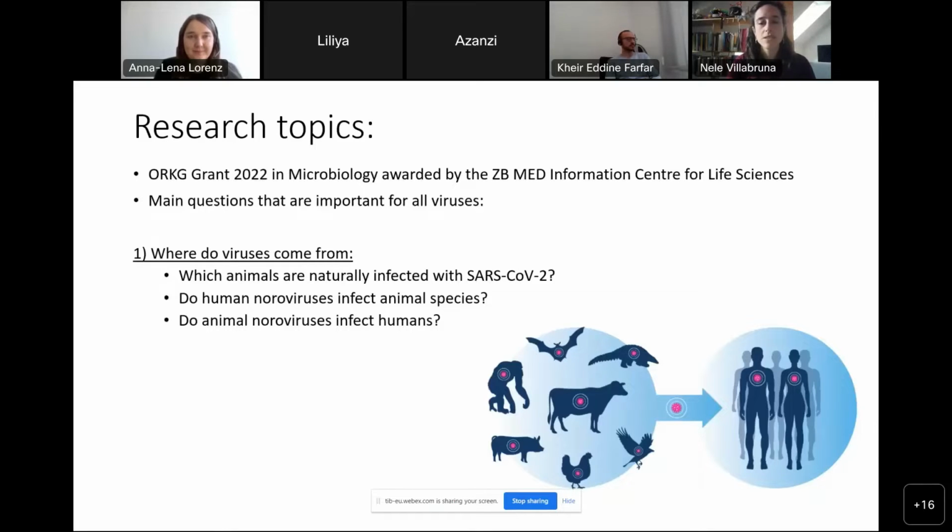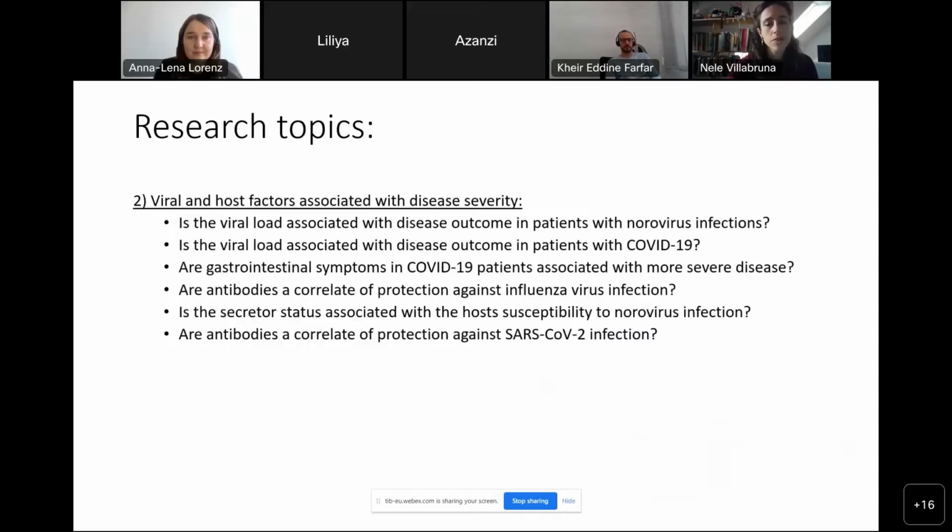My comparisons were broadly grouped into three bigger questions. The first one was where viruses are coming from. Here I specifically looked at whether viruses can jump from animals to humans or vice versa. In the second group of comparisons, I focused on viral and host factors that impact the disease severity.